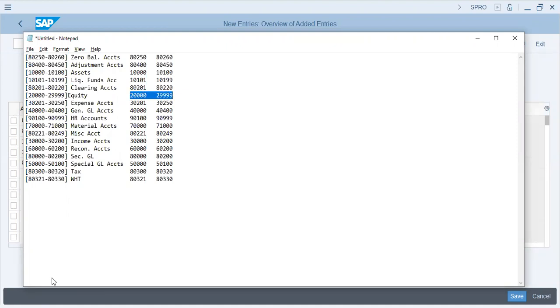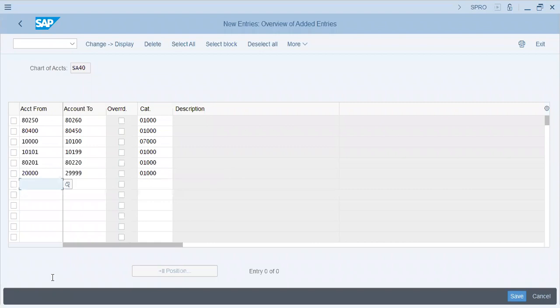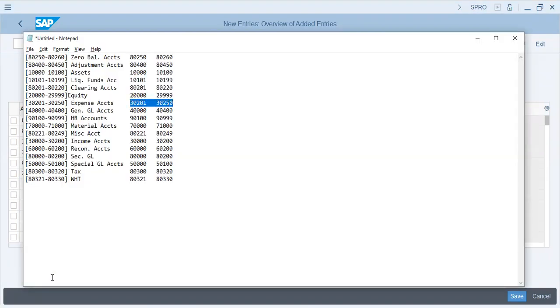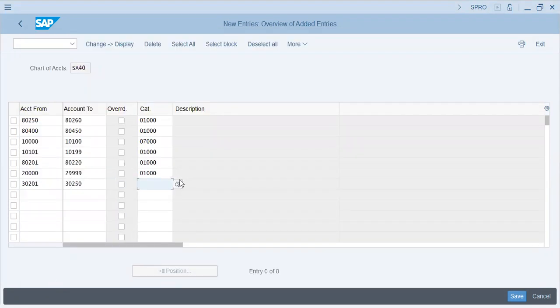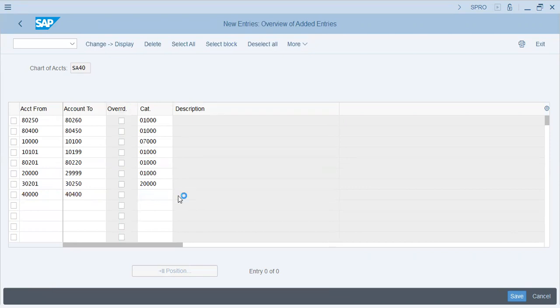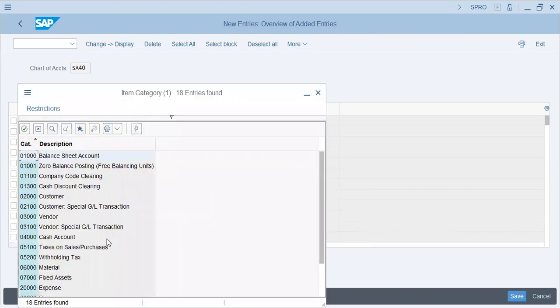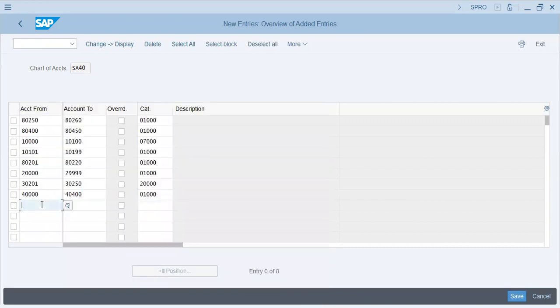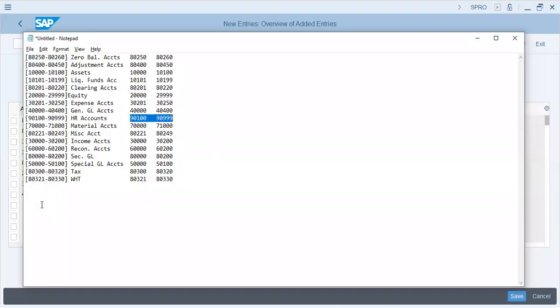Equity again. Expense accounts, we have a category for expense. General GL. HR accounts again.